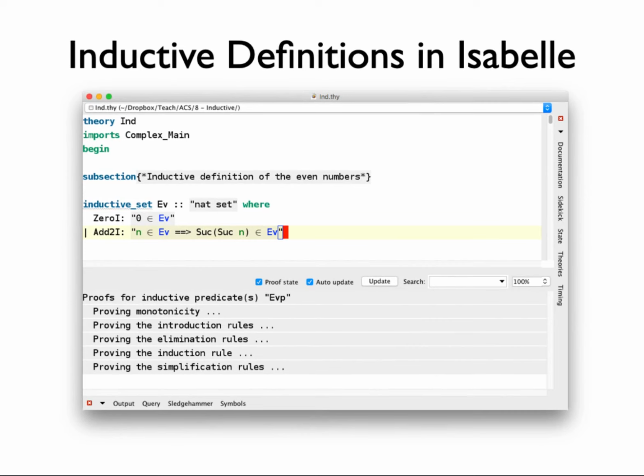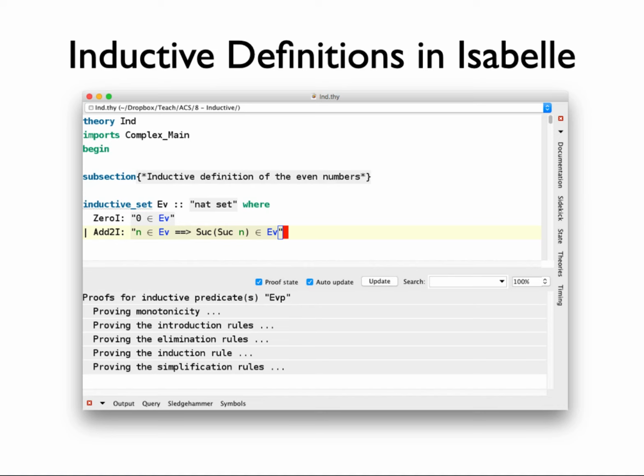So here is how you do the example I just showed you. There is a set called EV for even natural numbers. There I give the type, nat set. So this is a set of natural numbers, and we have two rules, and I've even given them names ending in I to kind of scream out to you that they are introduction rules.